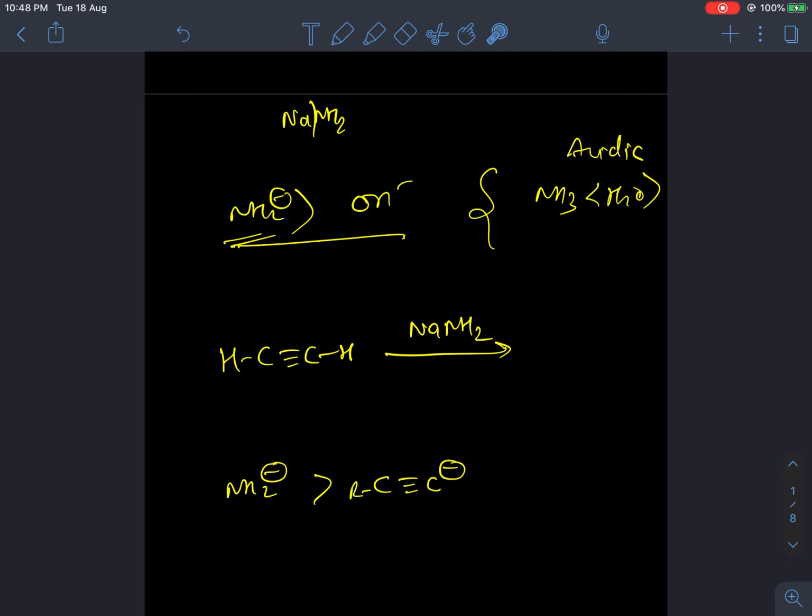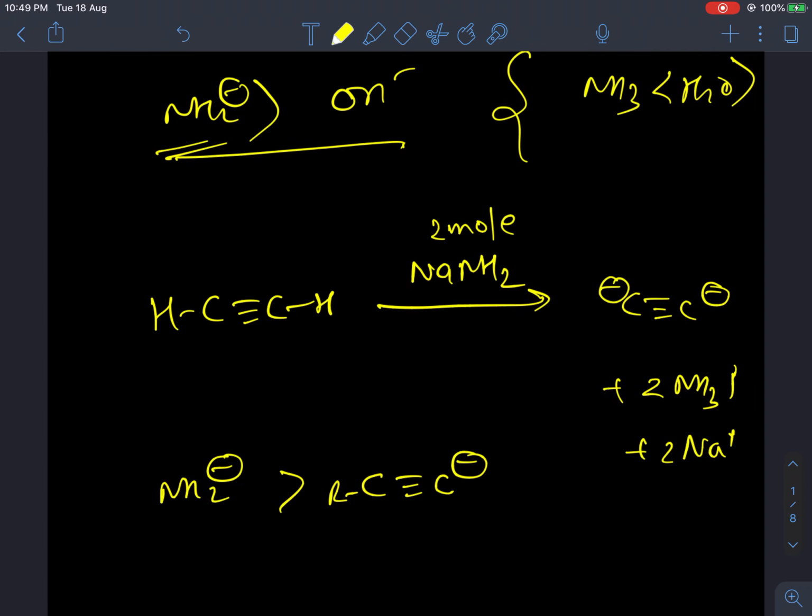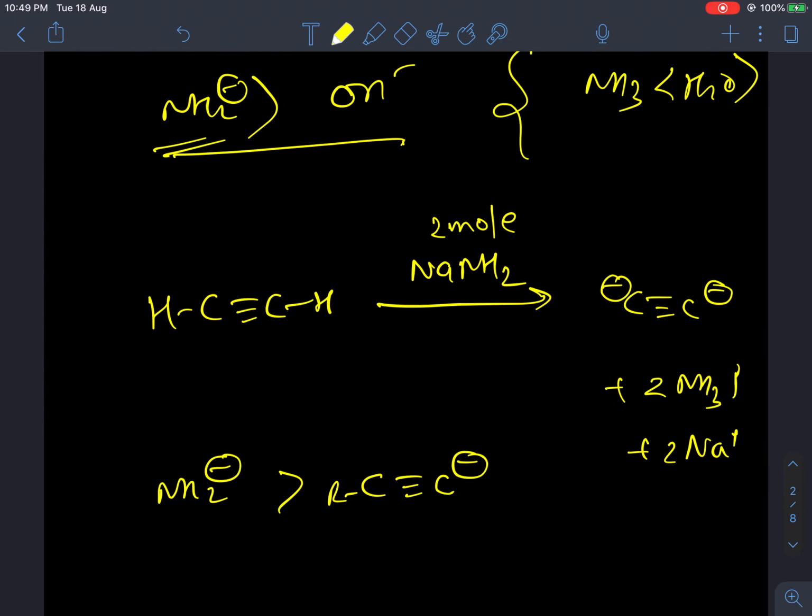So NH2 minus can take out this proton. If you have 2 H plus ions present in this, then you will get C triple bond C minus, C minus along with 2 moles of ammonia, and of course 2 moles of Na plus. So if such a question is asked, how many extra moles of NaNH2 can be consumed once the alkyne is formed, your answer should be 2 extra moles of NaNH2.